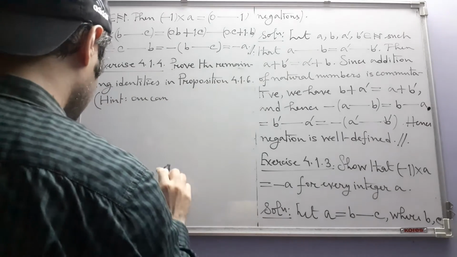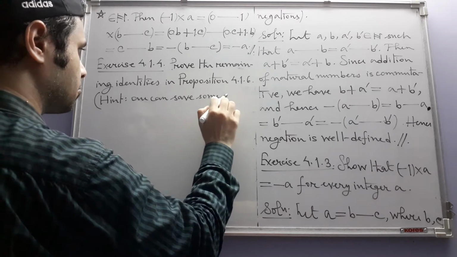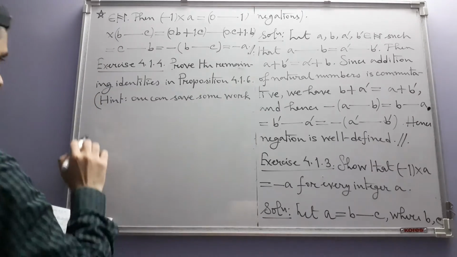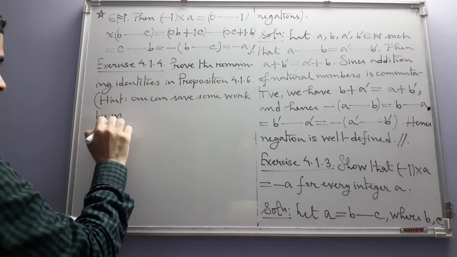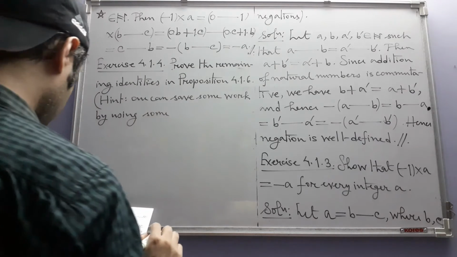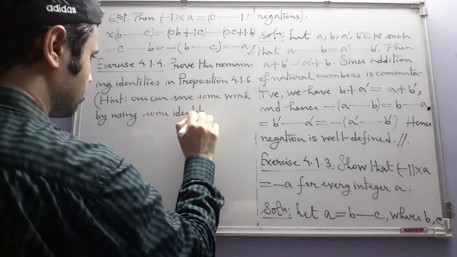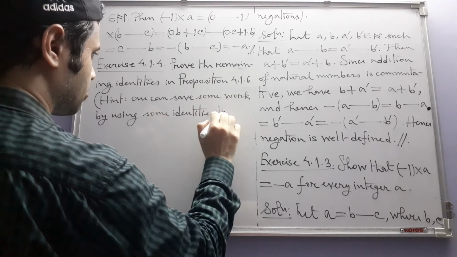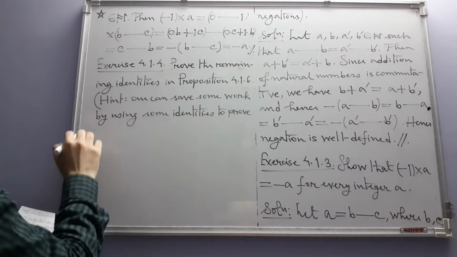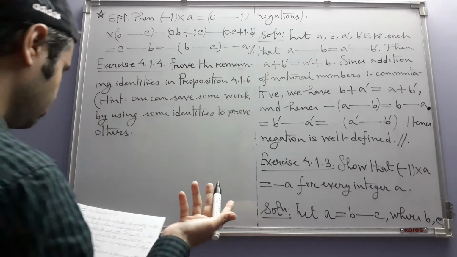One can save some work by using some identities to prove others. Yeah, that can always be done.